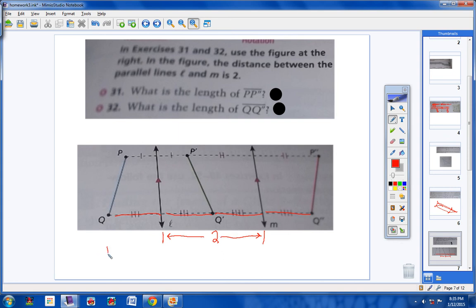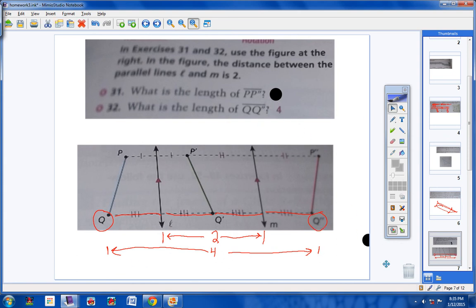So the whole length from here to here has to be 4 all the way across. And by the way, that's the answer to number 32. Number 32 says, what is the length of Q all the way to Q double prime? Well, the answer is 4.